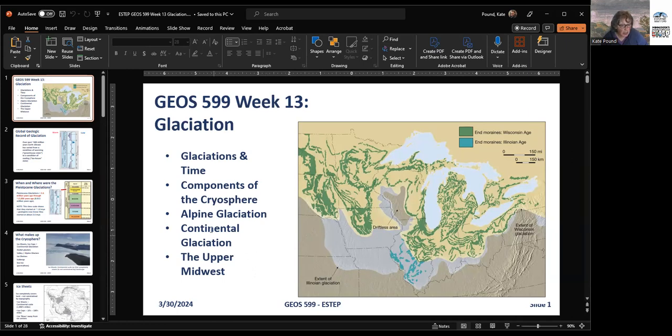Then we're going to dive into continental glaciation and some of the landforms associated with continental glaciation. That's, in other words, what we're seeing in the upper Midwest. And we're going to focus in particularly on the history of ice lobe advance and retreat in the upper Midwest.